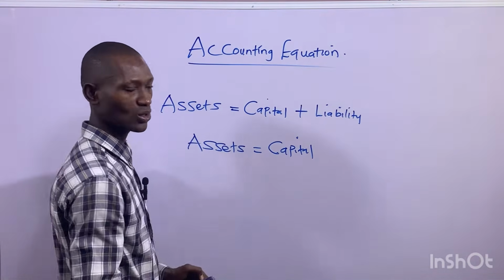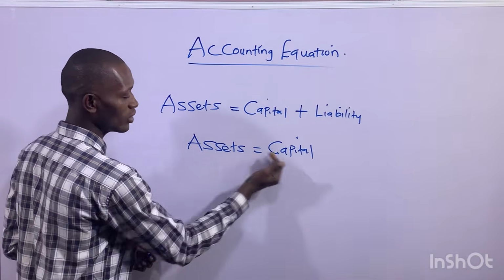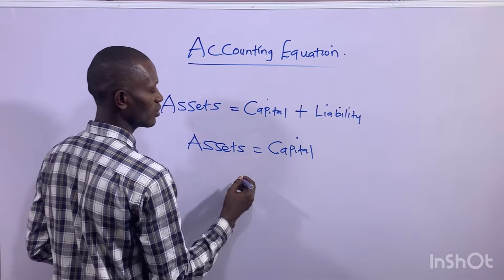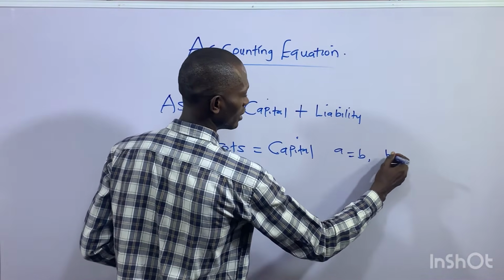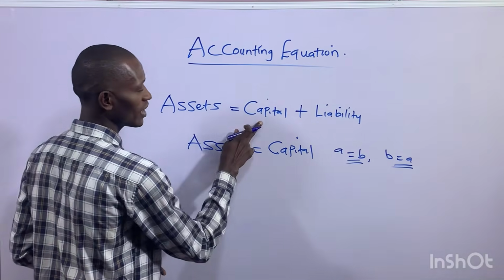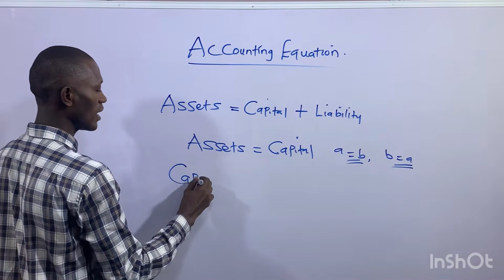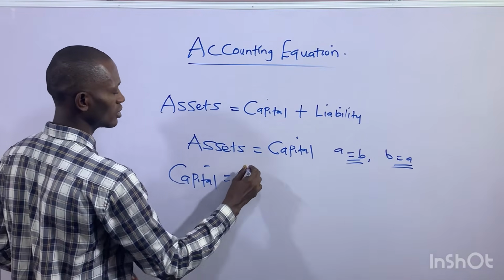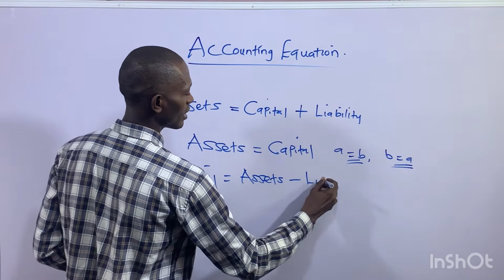But most times you could have capital equal to assets. And when you have this, don't forget in your maths, when you have A equals B, then you also have B equals A. So if you want to determine your capital, the capital equals assets minus liability.